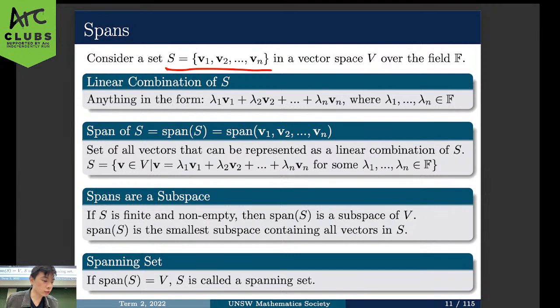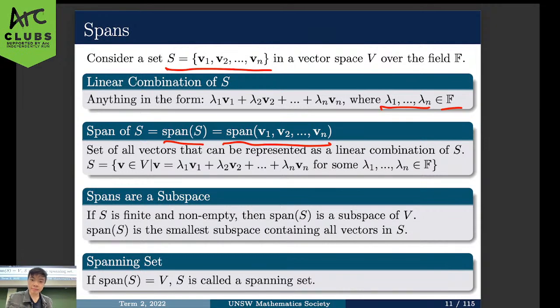And these scalars are all in the same field as V. And a span, which can be written as span S, or span and then all of the vectors which are laid out, is the set of every single possible linear combination.